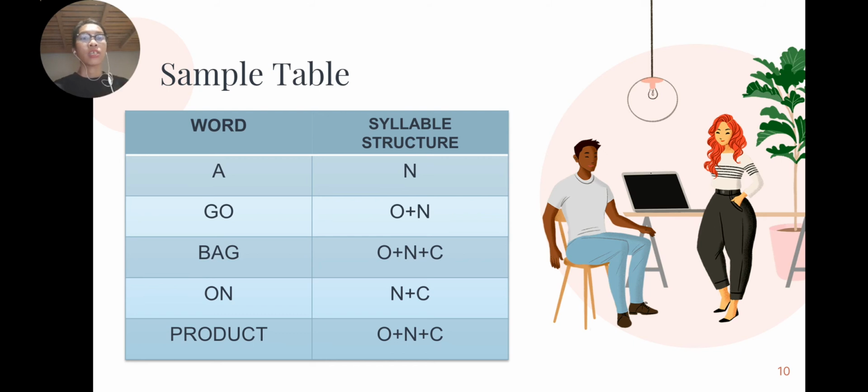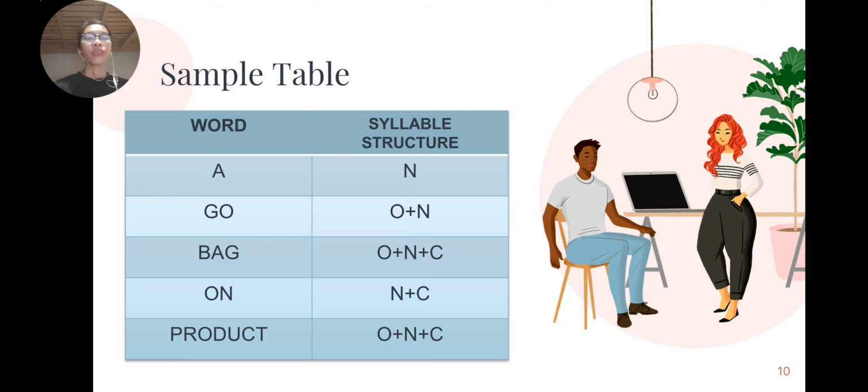Onset, G, a consonant, and then N, O, a vowel, nucleus. Bag, B-A-G: O plus N plus C. So B, onset, N, letter A, nucleus, plus C, coda, which is letter G.